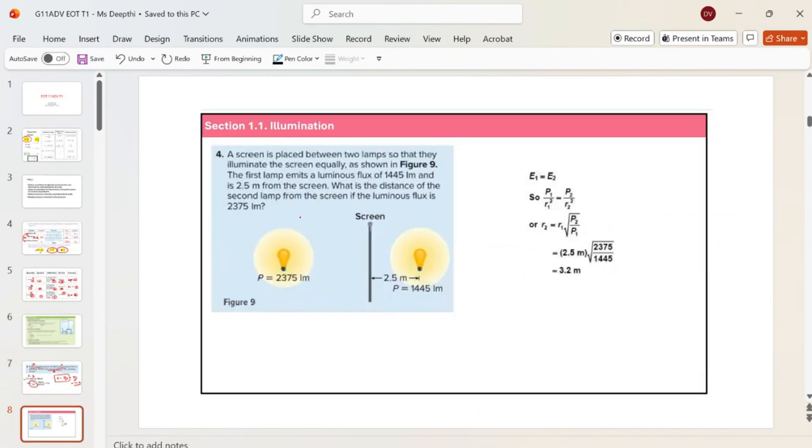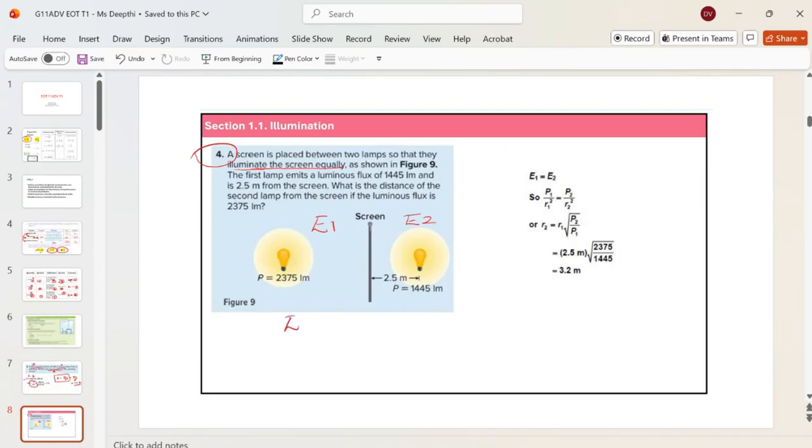Let's go to the next question. This is the most important question in this chapter. You have 2 light bulbs, and they say that they illuminate the screen equally. What do you mean by illuminate the screen equally? It means that the illuminance of the first bulb is equal to the illuminance of the second bulb on the screen.